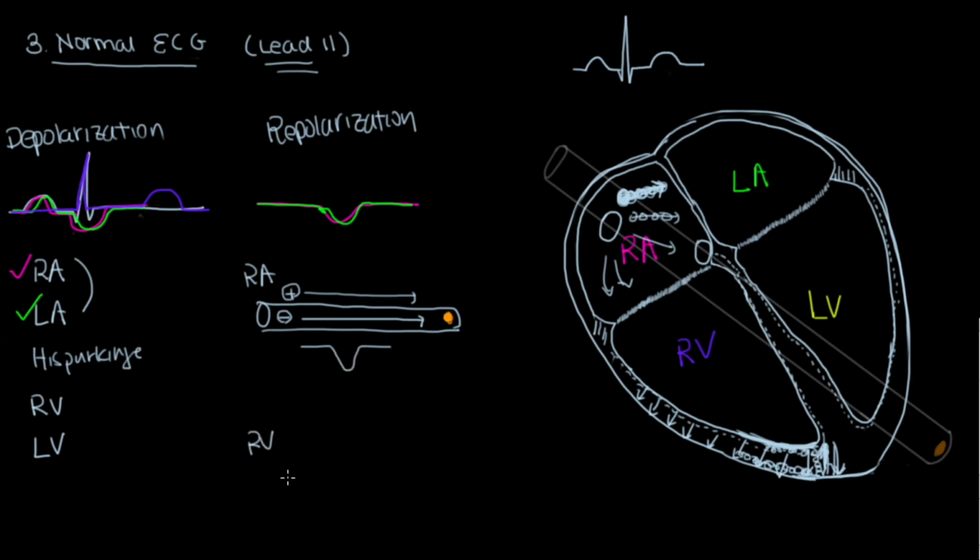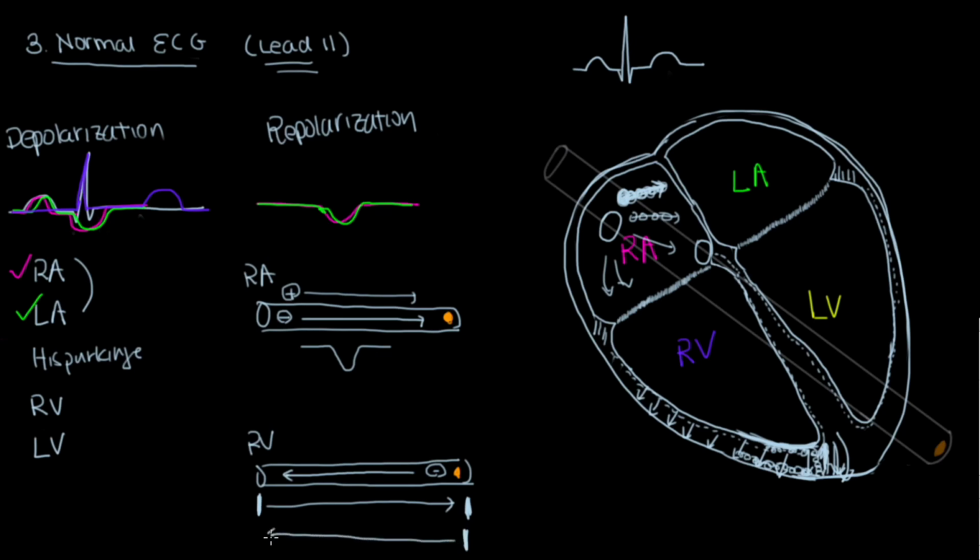What's happening in the right ventricle is that we're starting the repolarization process closer to the sensor, and we're working our repolarization back towards where we started off, right? Before, the depolarization start point was here, and then we moved all the way down here to depolarize. Now, when we're repolarizing, we're moving from the outer edge to the inner edge.